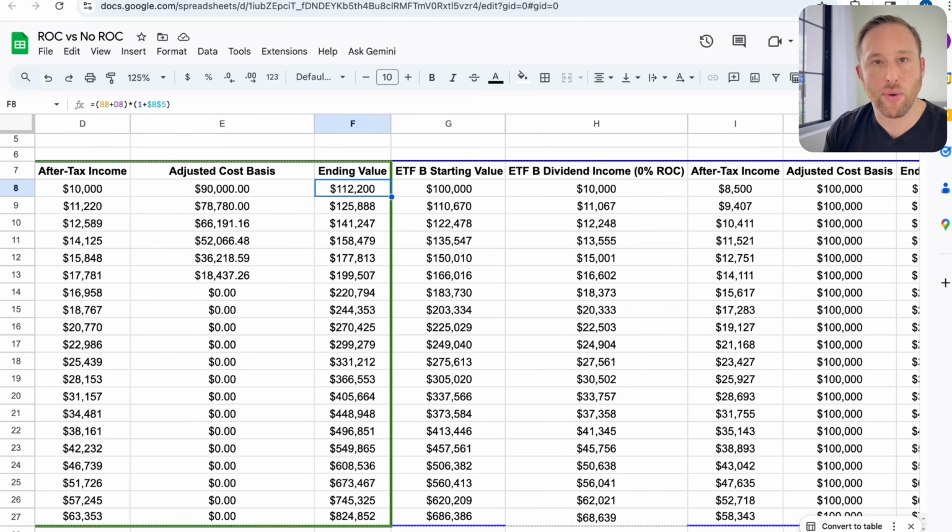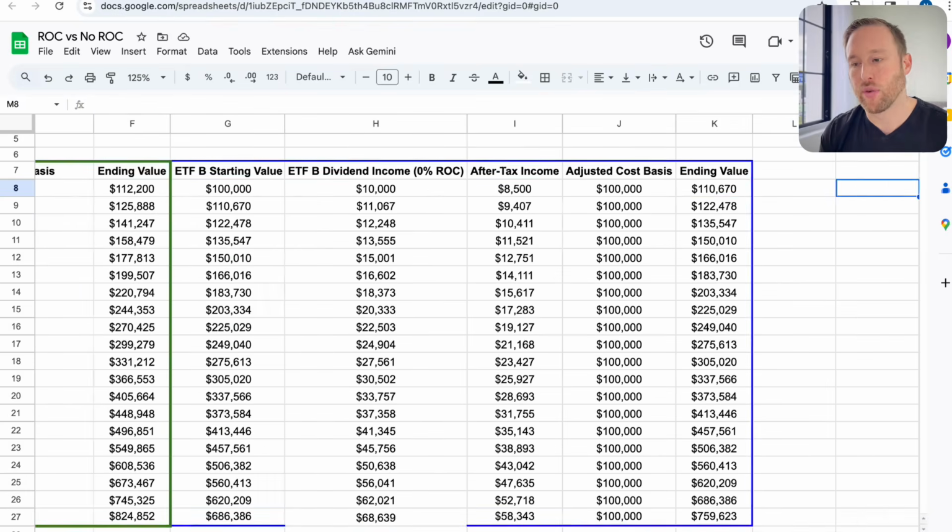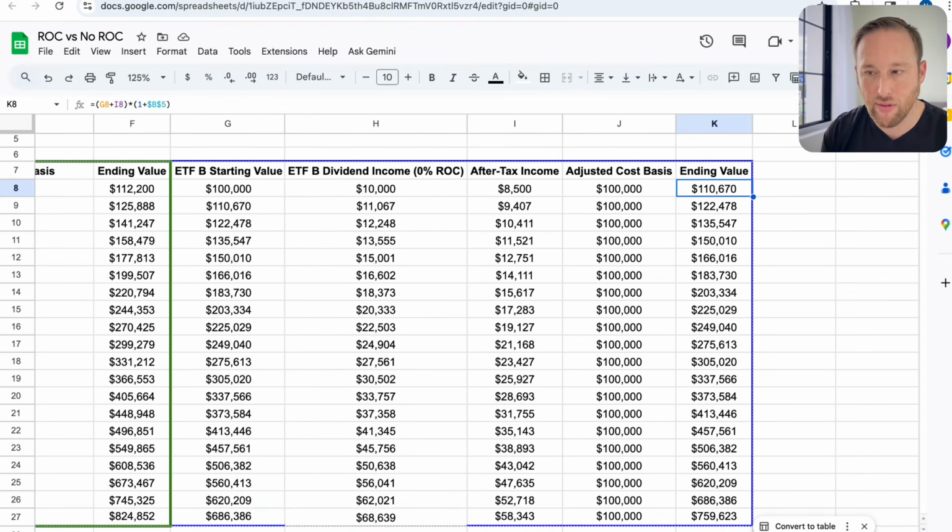So in year one, we have 112K for ETF-A, and for ETF-B, we have 110K. You can see that difference is the tax difference. ETF-A is not being taxed immediately. ETF-B is being taxed immediately. As a result, we have more capital to work with in ETF-A.